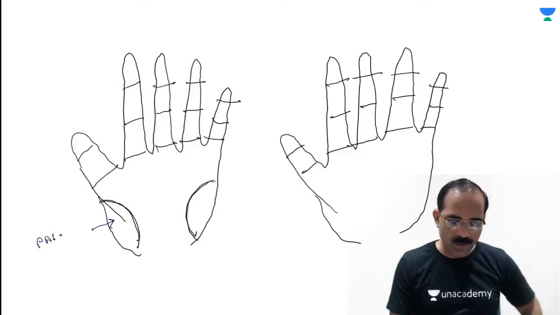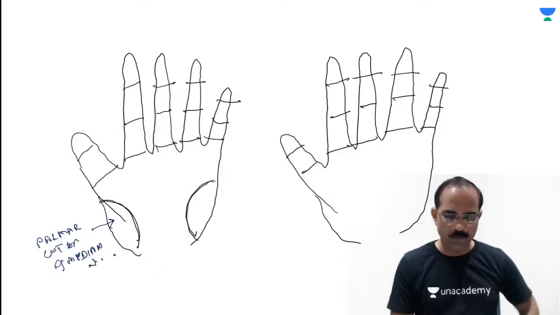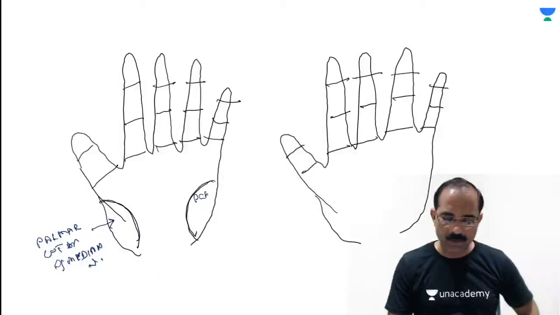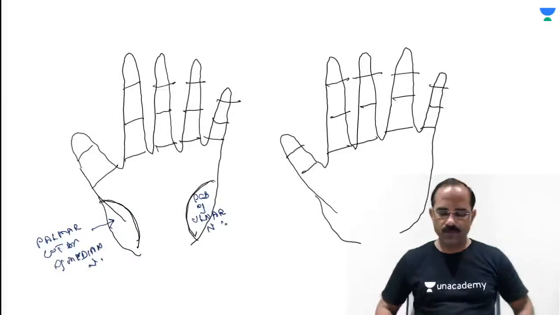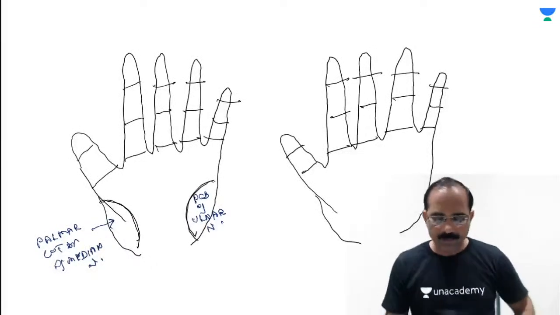That is the palmar cutaneous branch of median nerve, and this is the palmar cutaneous branch of ulnar nerve.